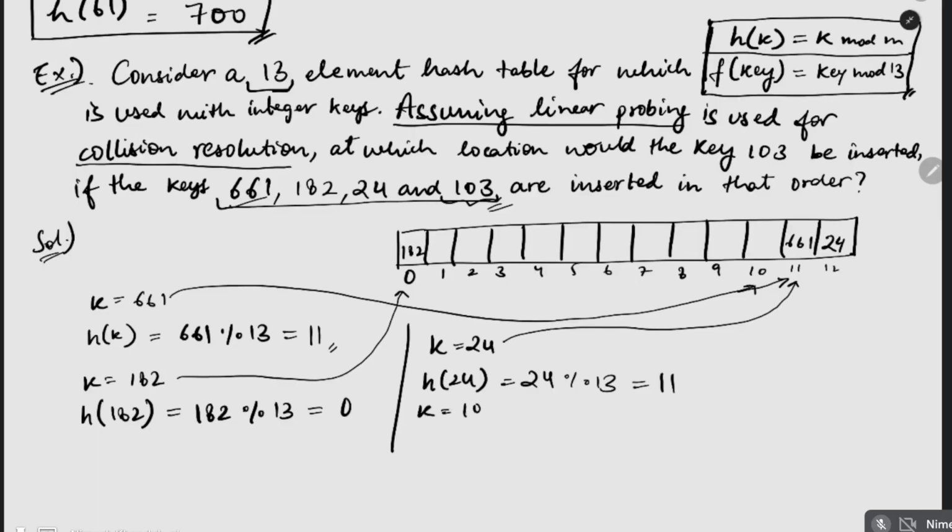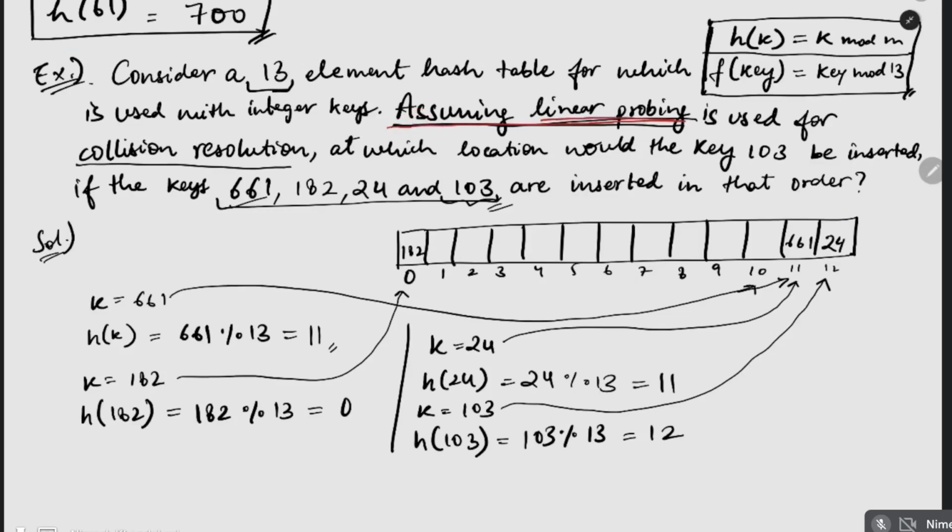And now we have 103, right? What's the hash for 103? That is 12, right? So 103 is supposed to go to index 12, but now index 12 is already occupied by 24. So again, we assume linear probing. Let's just mark it properly.